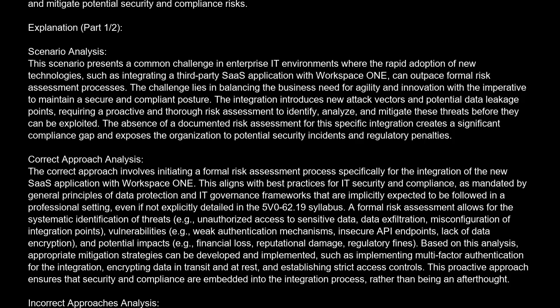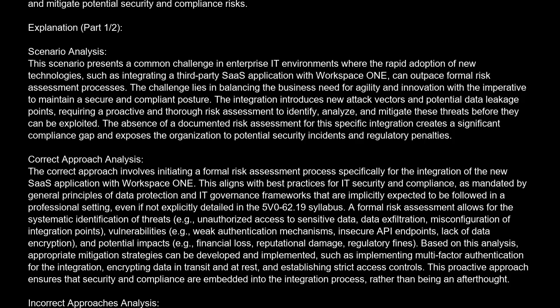The integration introduces new attack vectors and potential data leakage points, requiring a proactive and thorough risk assessment to identify, analyze, and mitigate these threats before they can be exploited. The absence of a documented risk assessment for this specific integration creates a significant compliance gap and exposes the organization to potential security incidents and regulatory penalties.